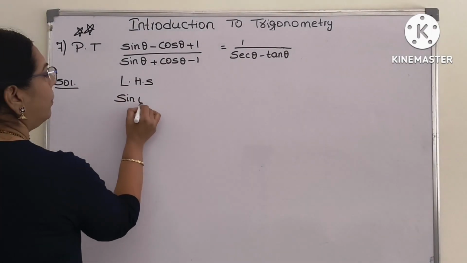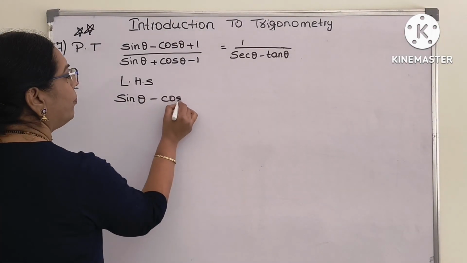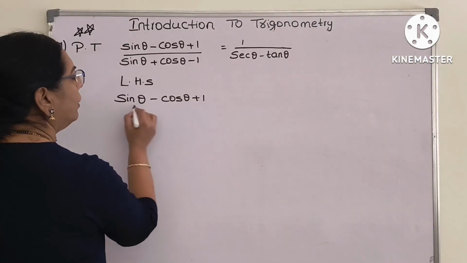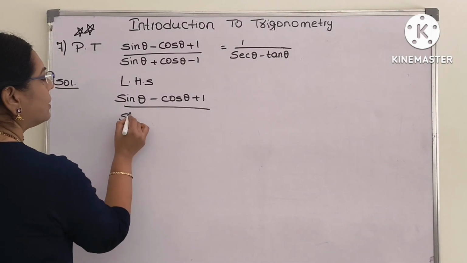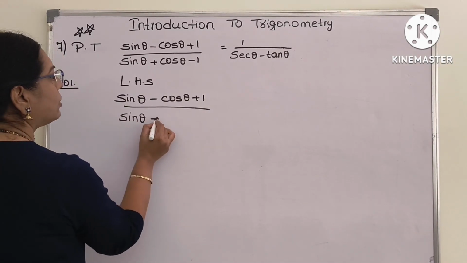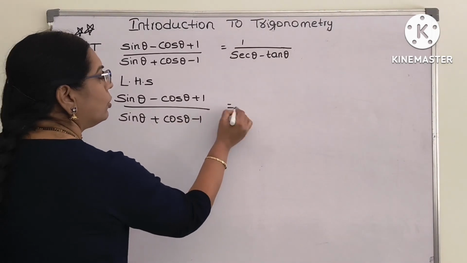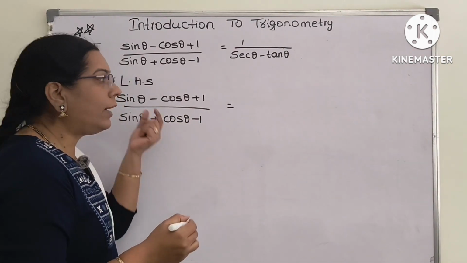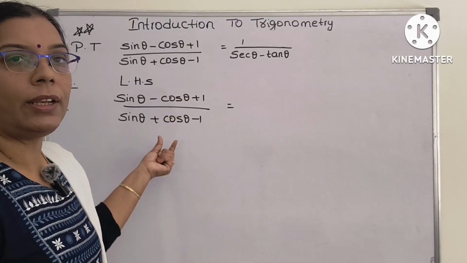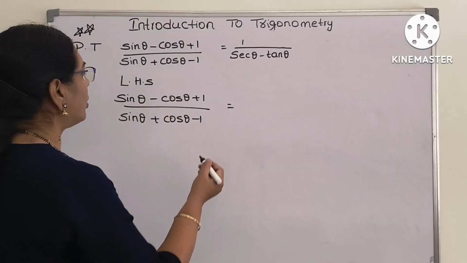sin theta minus cos theta plus 1 divided by sin theta plus cos theta minus 1. So what is that? I said divide all the terms of the numerator and denominator with cos theta.